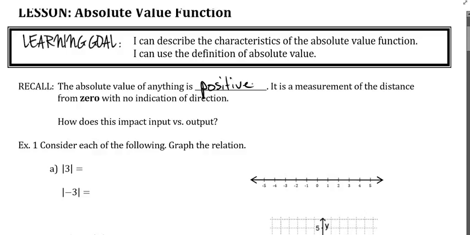Okay, it is a measurement of the distance from 0, but no indication of direction. The number 5 is how many units you are away from 0.